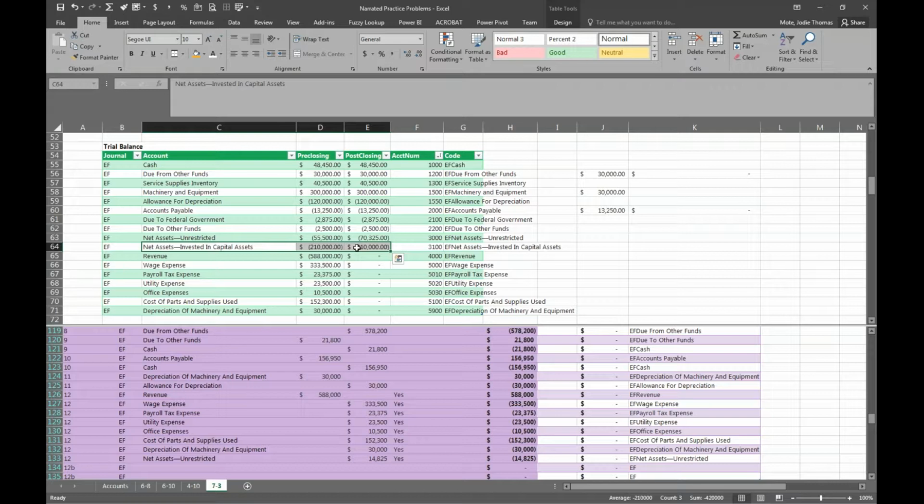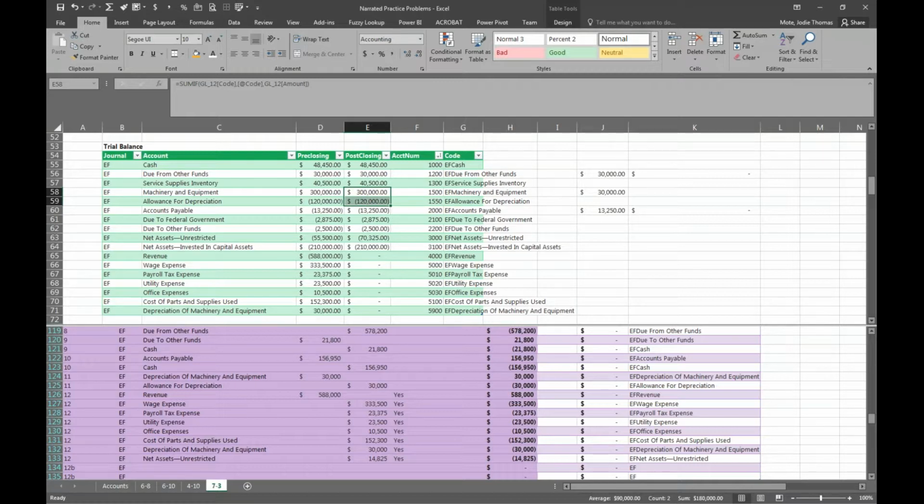It's a set aside so that unrestricted net assets isn't overstated in terms of how much expendable net assets a fund has, because a portion, 210,000 of this fund's total of 280, is actually machinery and equipment that hasn't been fully depreciated yet.